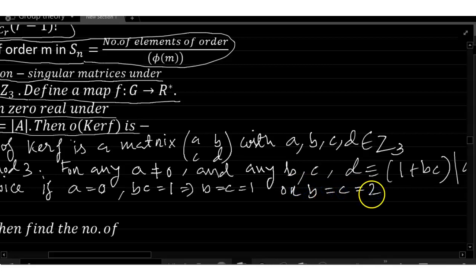This makes 6 additional, so total is 18 plus 6 is equal to 24. So friends, this is one way.